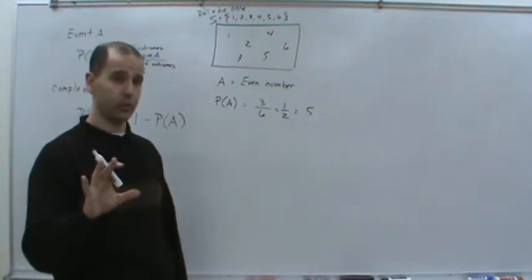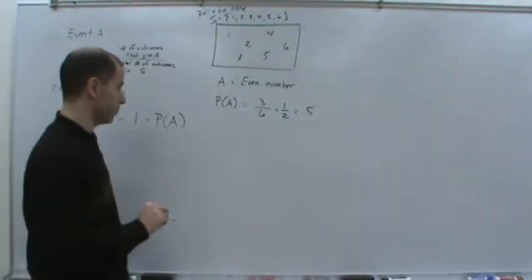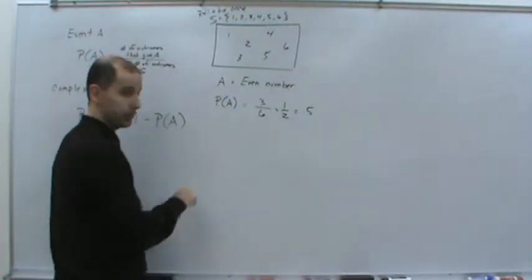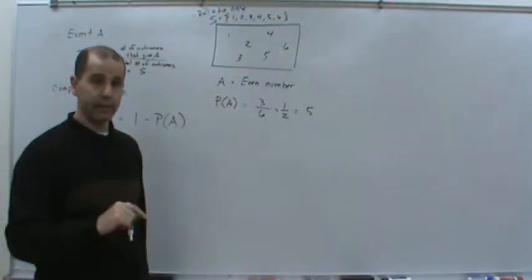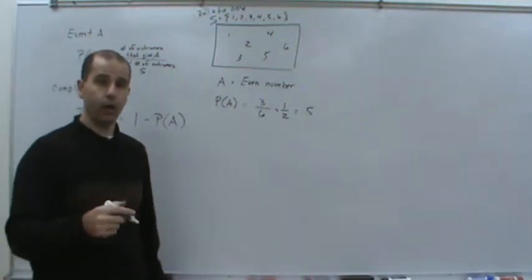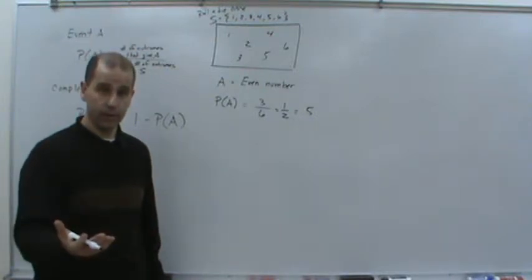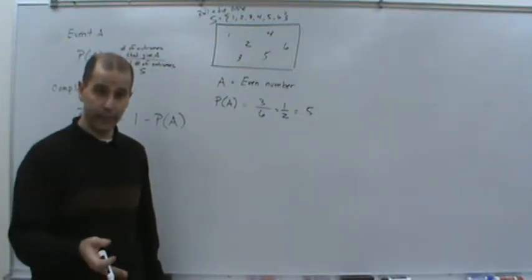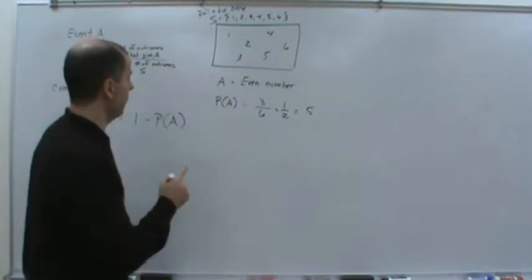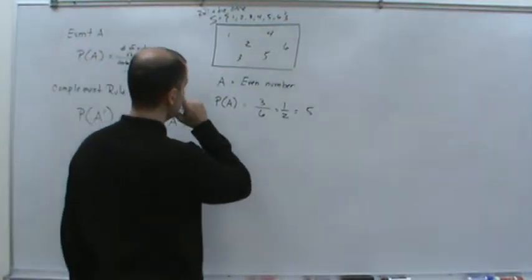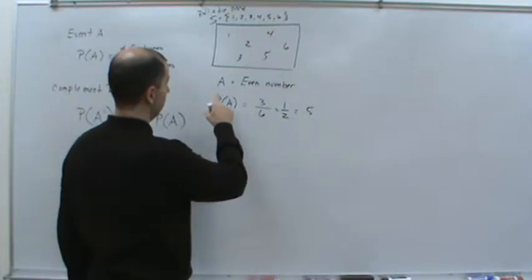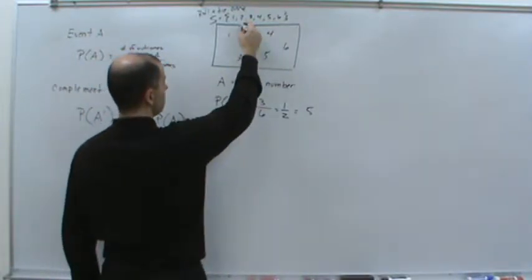Now I might be confusing you, so let me say this again. If I want the complement of A, the complement of A are all of the outcomes that don't give me A. Okay? So think of it this way. So if I want all the even numbers, right? So that would be, let me partition this.